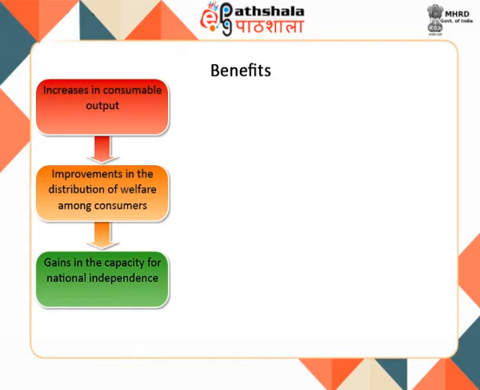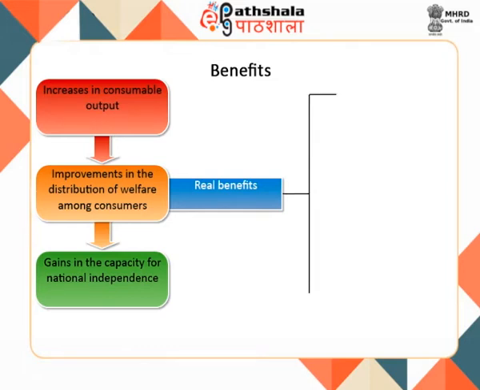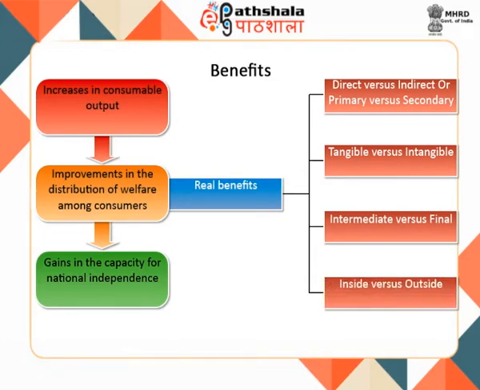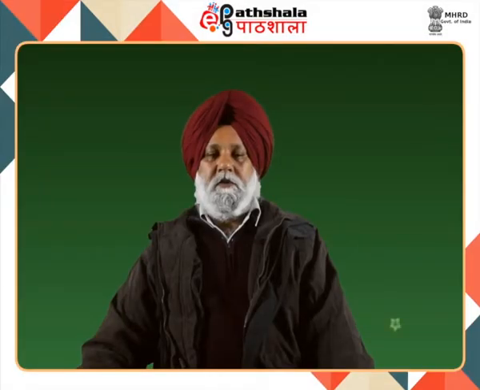In cost benefit analysis, generally only real benefits of a project are considered. Real benefits are classified as follows: direct versus indirect, or primary versus secondary, tangible versus intangible, intermediate versus final, inside versus outside.